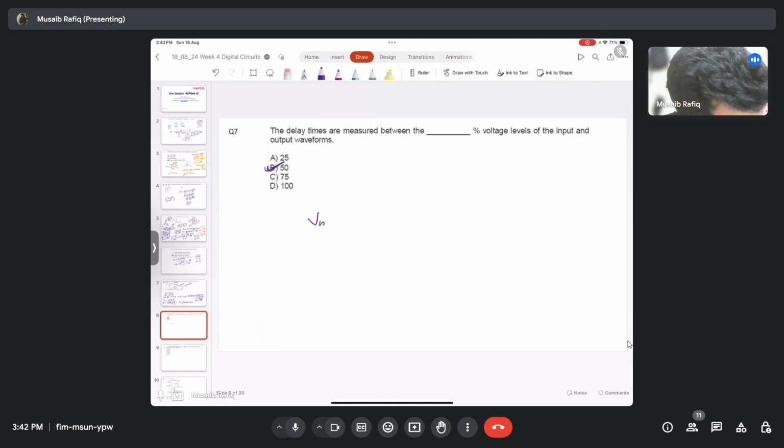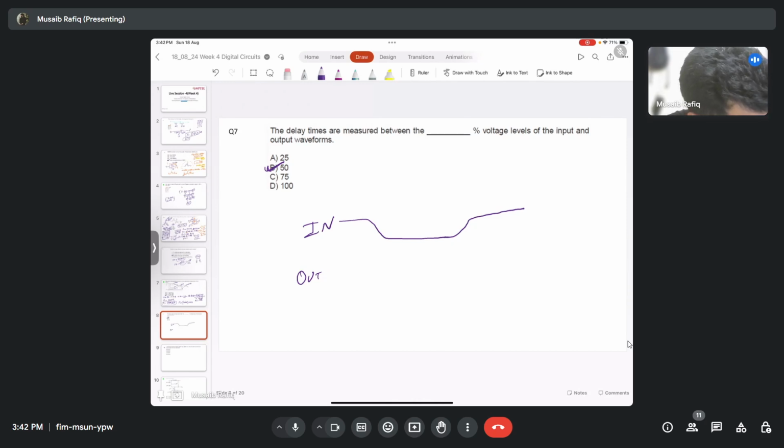So let's say I have an input signal here that was high initially and now it goes low and then it again goes to high, and then I have the output signal. I'm making an exaggerated version of it.